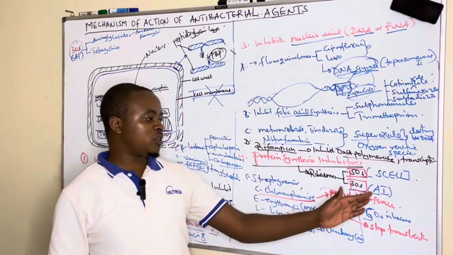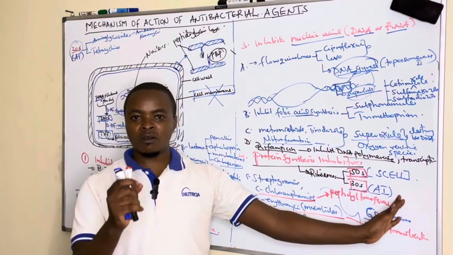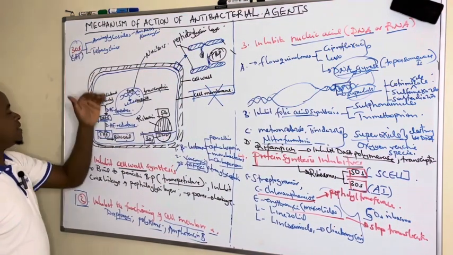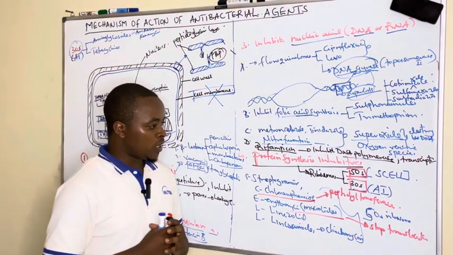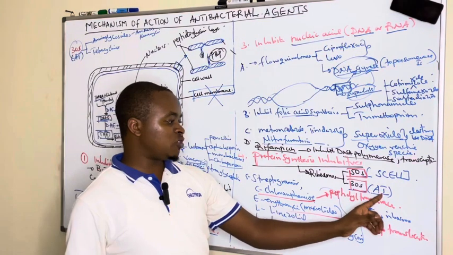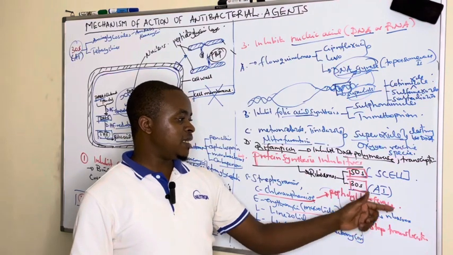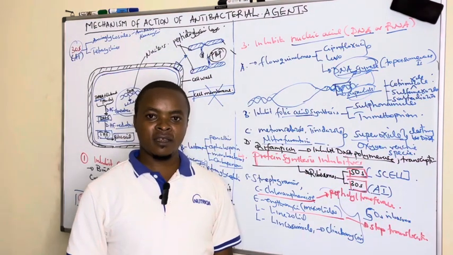And then lastly, we have seen those that inhibit the smaller ribosomal subunit, which are tetracyclines and aminoglycosides, for which we have said the abbreviation is AT. AT means the smaller, then CELL meaning the larger subunit.